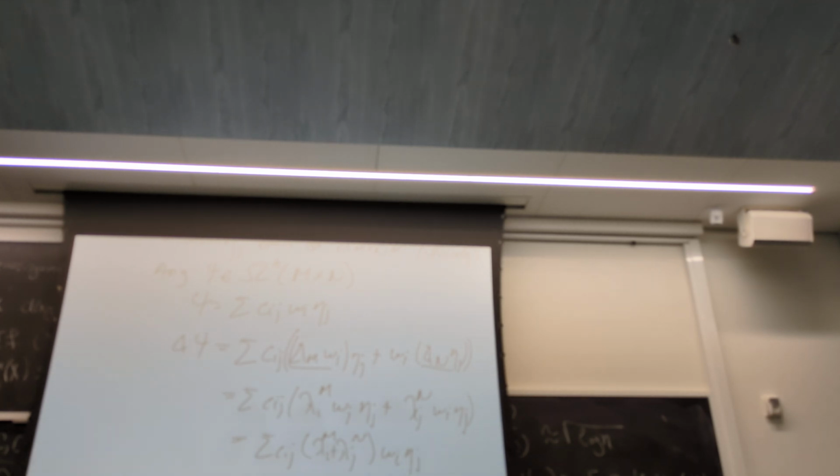Yes. Okay, so another key point here is that each lambda is greater than or equal to 0. And the reason for this is that if you look at the inner product of the Laplacian of eta comma eta, and let's say that this is an eigenvalue, so then this will be just lambda times the inner product of eta with eta, which will just be lambda times the norm of eta squared.